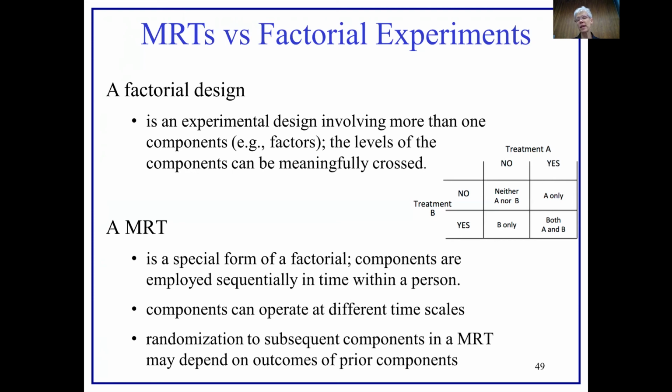Treatment A might be whether we provide a suggestion at time 1. Treatment B is whether or not we provide a suggestion at time 2, decision point 2, and so on and so forth. So it's a special form of a factorial where the factors occur over time. But we also have factors that are occurring at different time scales. Like we had the evening planning that we randomized in HeartSteps.